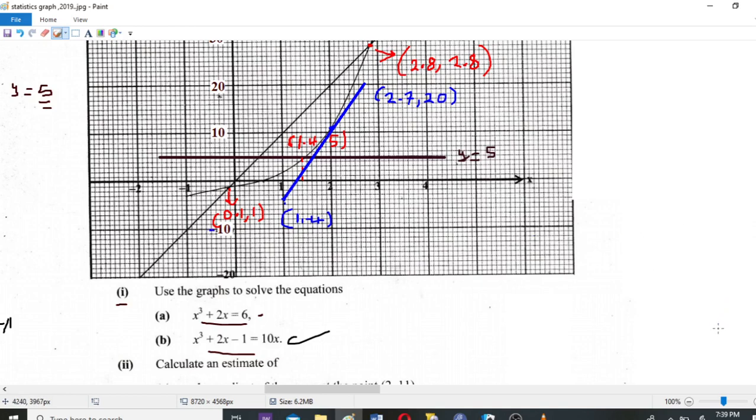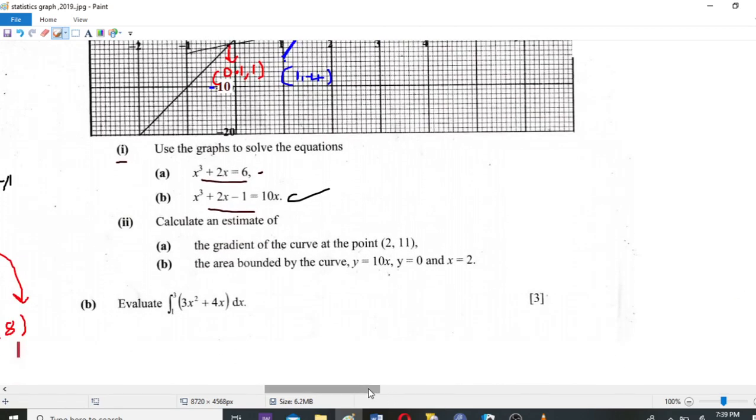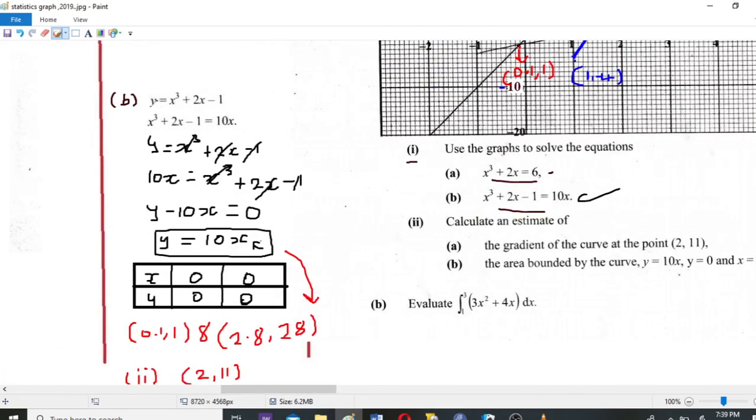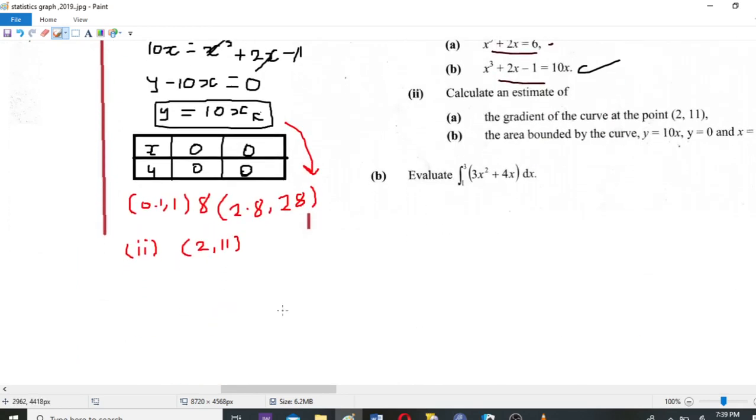So we have 1 comma negative 4. We can write them down. So at this point we have the values positive 1 in the x-axis comma negative 4 in the y-axis.